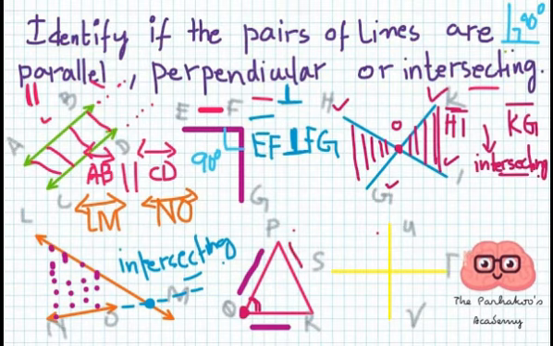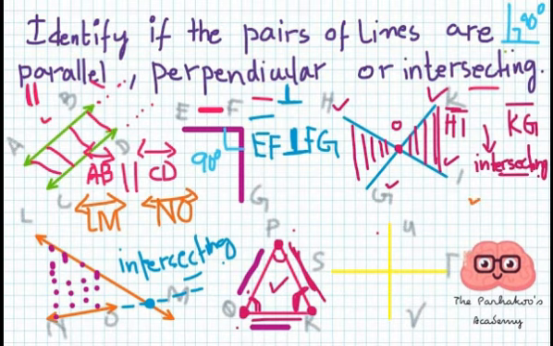Same goes for PR and PQ. They are also meeting at a point, forming an angle here. And PQ and QR are also meeting at a point, forming an angle here. So this figure, which is a triangle, has three intersecting points.